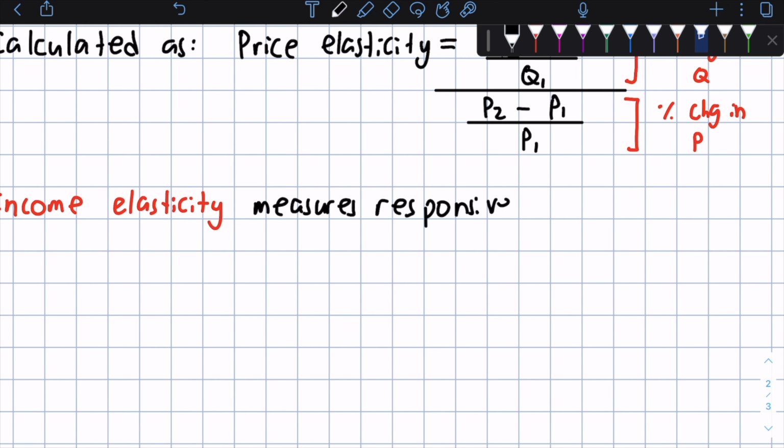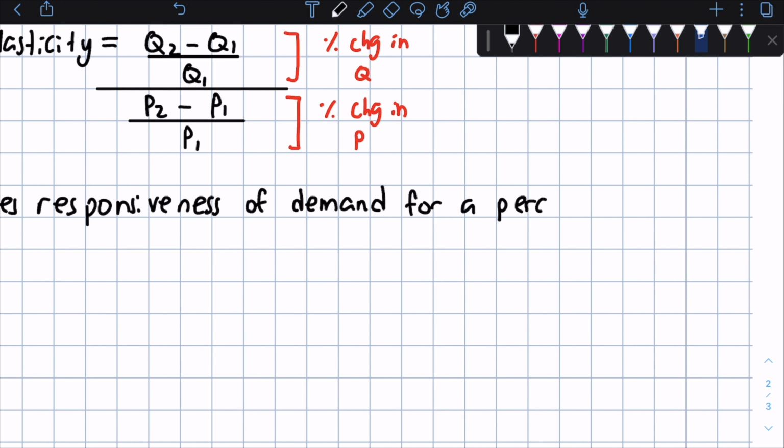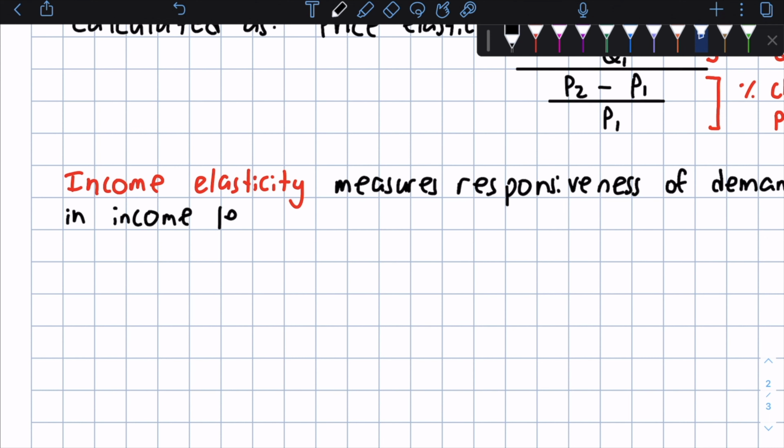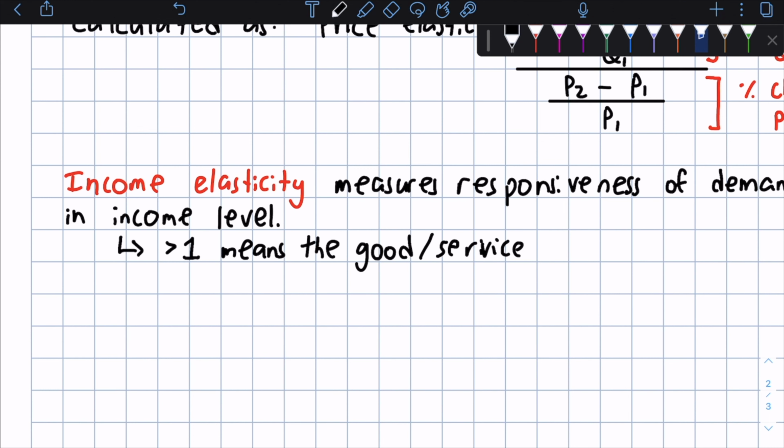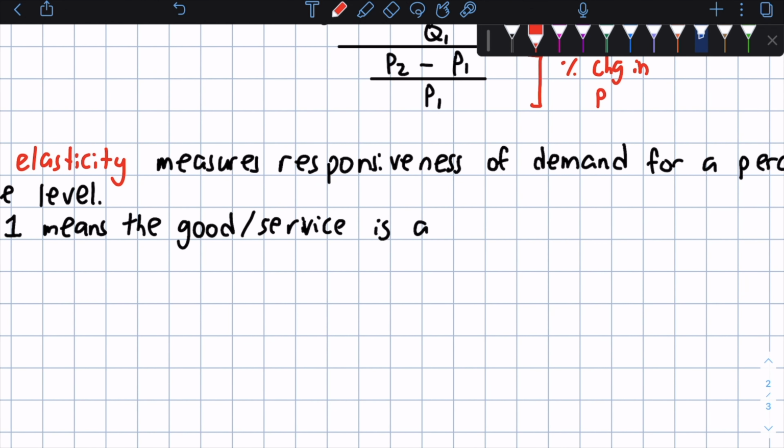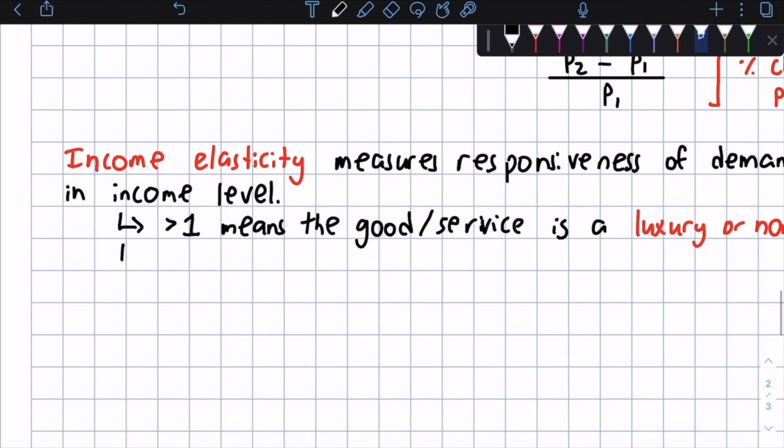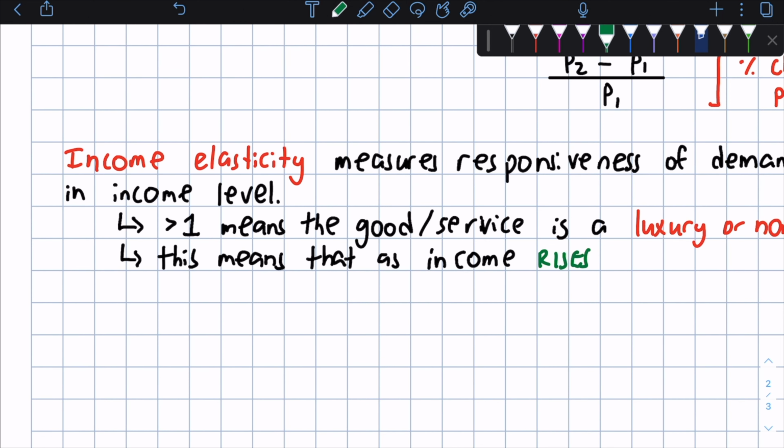Income elasticity measures the responsiveness of the quantity demanded of a certain good or service to a change in income. A value greater than 1 indicates that the good is a normal or luxury good. So as income rises, you want to consume more of that good or service.